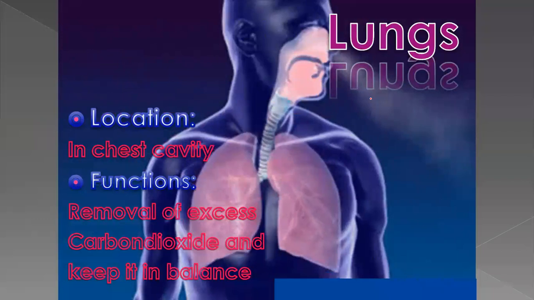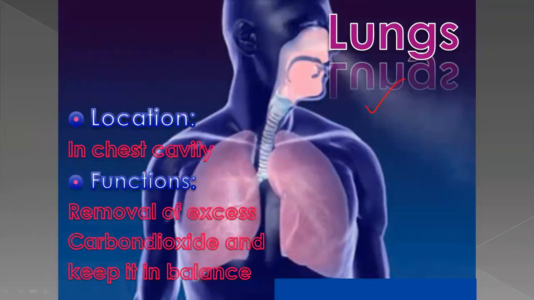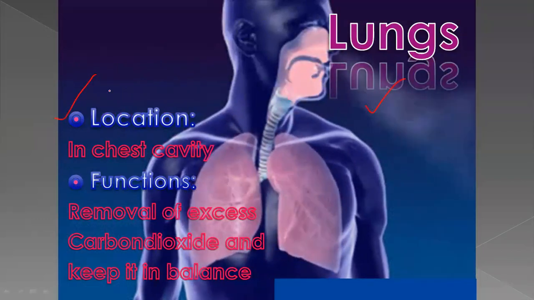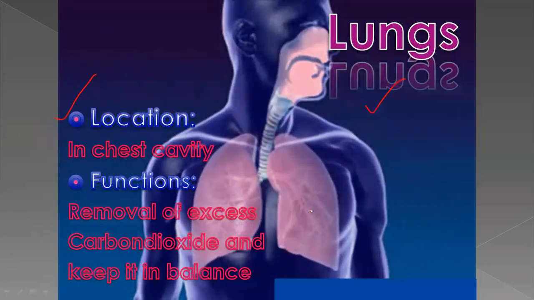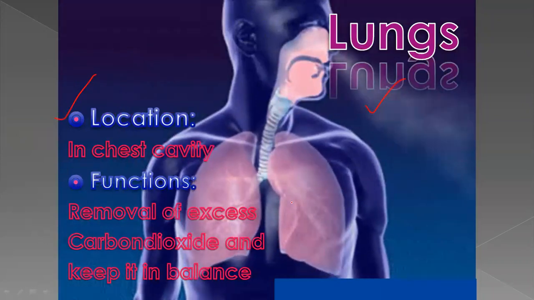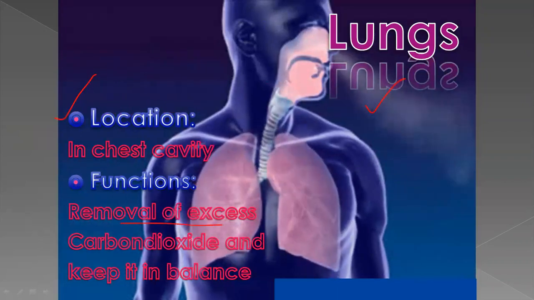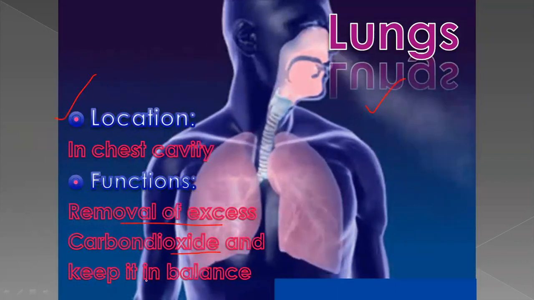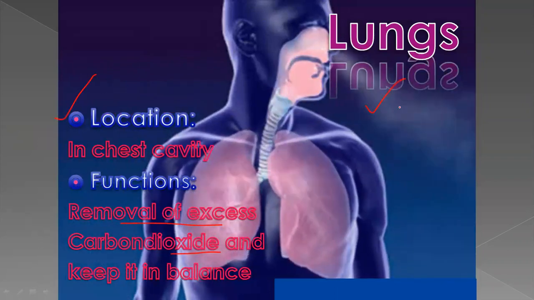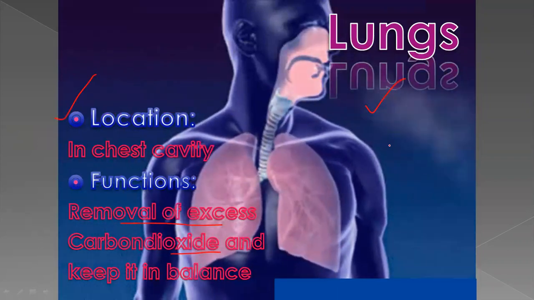So if we talk about the very important one, the lungs. Lungs are present, we know, in the chest cavity under the rib cage, and they help to remove the excess carbon dioxide and keep it in balance.